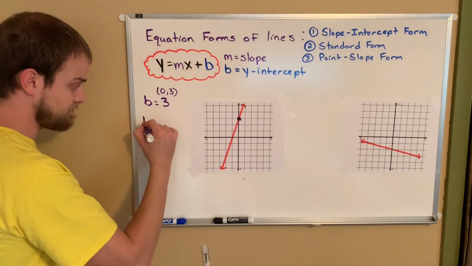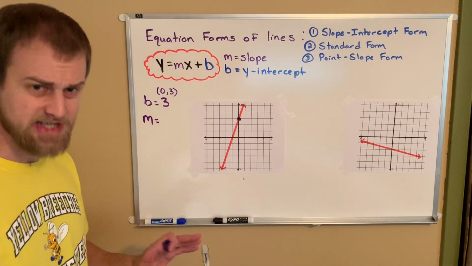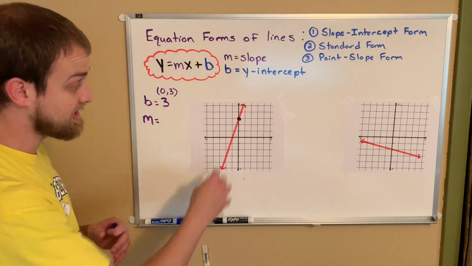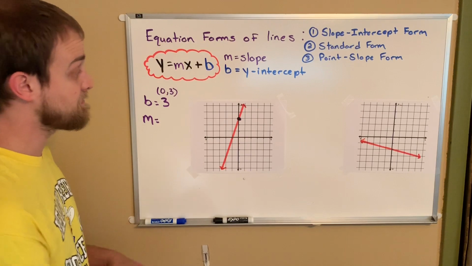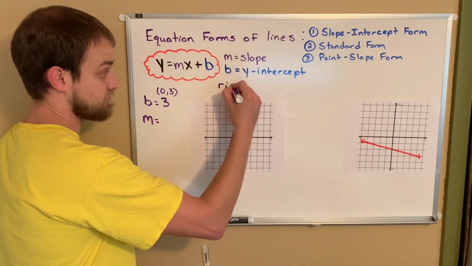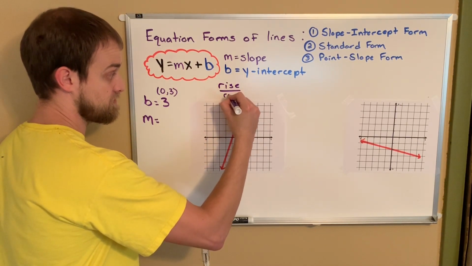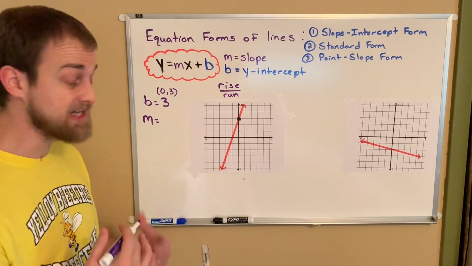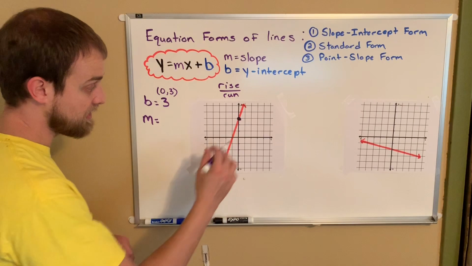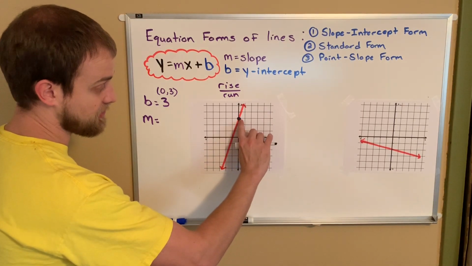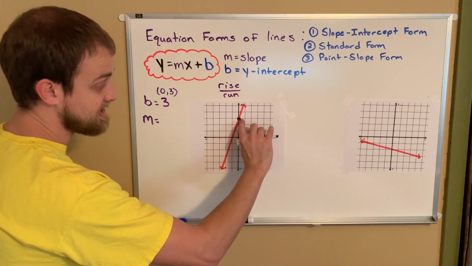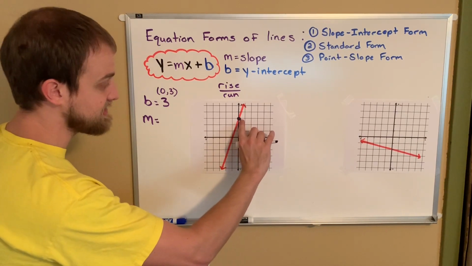Now, the slope is the more challenging of the two to get because I need another ordered pair that I can travel to and from here. Remember, we need to consider rise over run, and I need to pay attention to how I'm moving because of positive and negative. All right, let's travel. What I like to do is start at the point I already have drawn, and look through my line for the next ordered pair that I can identify.